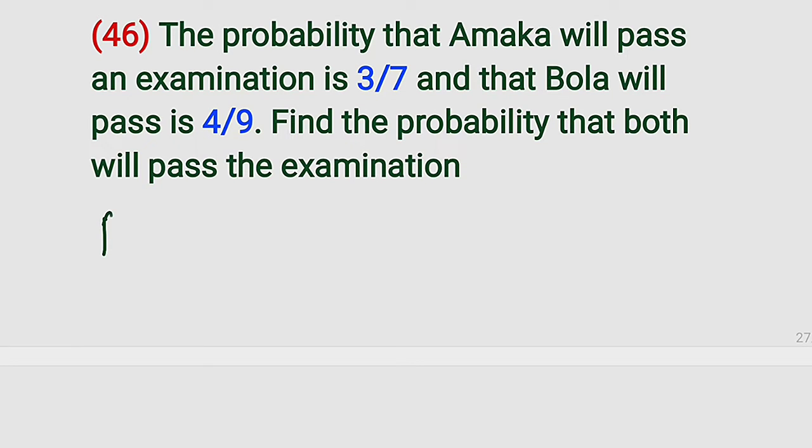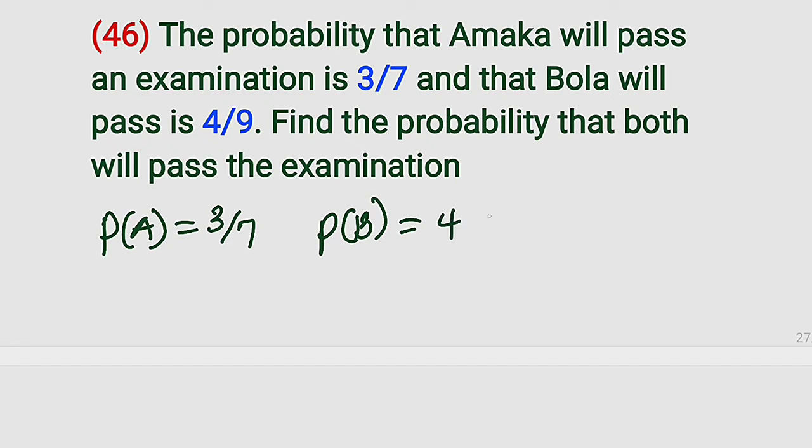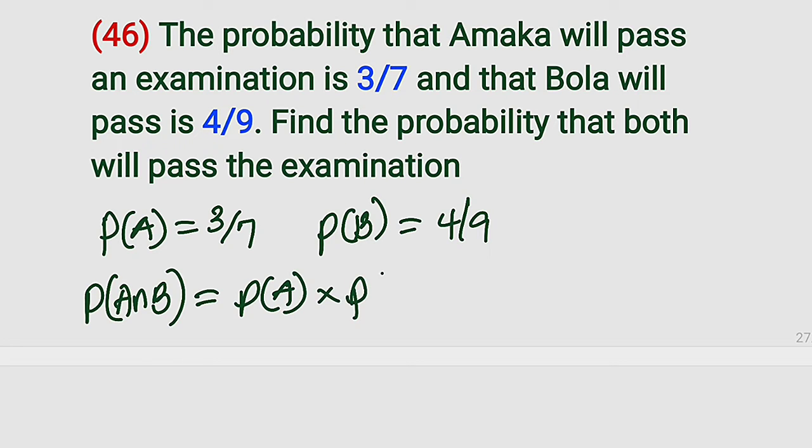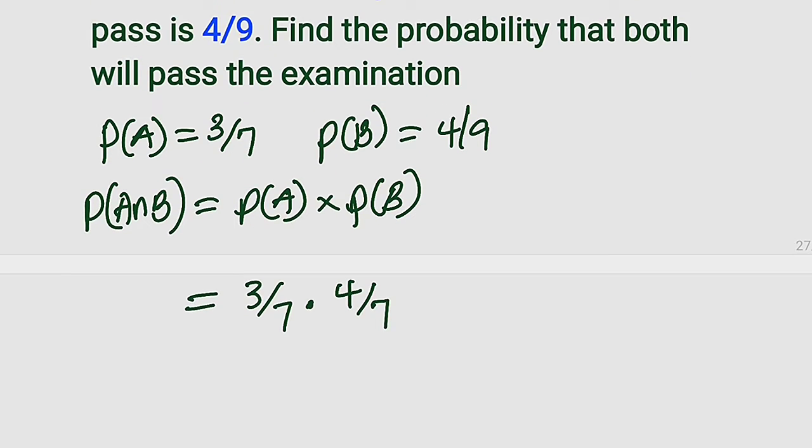So we are given that the probability of Amaka, let me call it A, is given as 3 divided by 7. And that of Bola is given as 4 over 9. Therefore, probability of A intersecting B is equal to probability of A multiplied by probability of B, which is equal to 3 divided by 7 multiplied by 4 divided by 9.